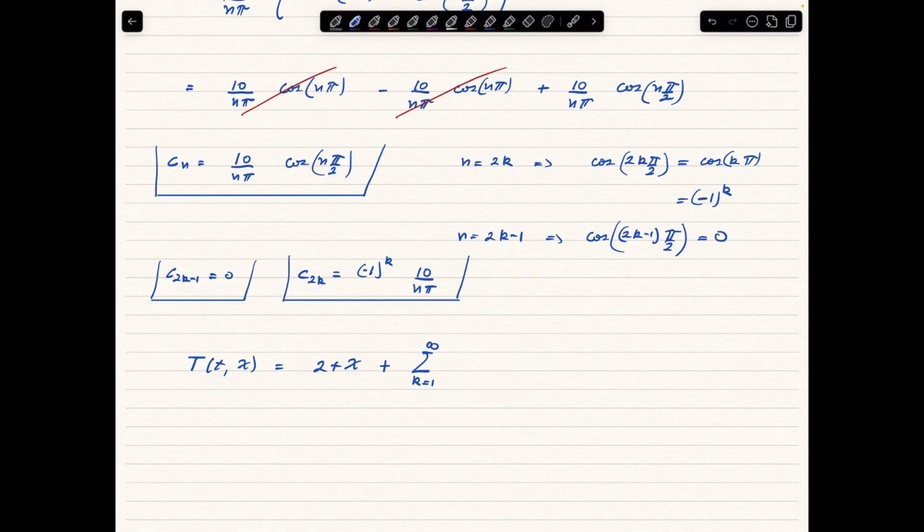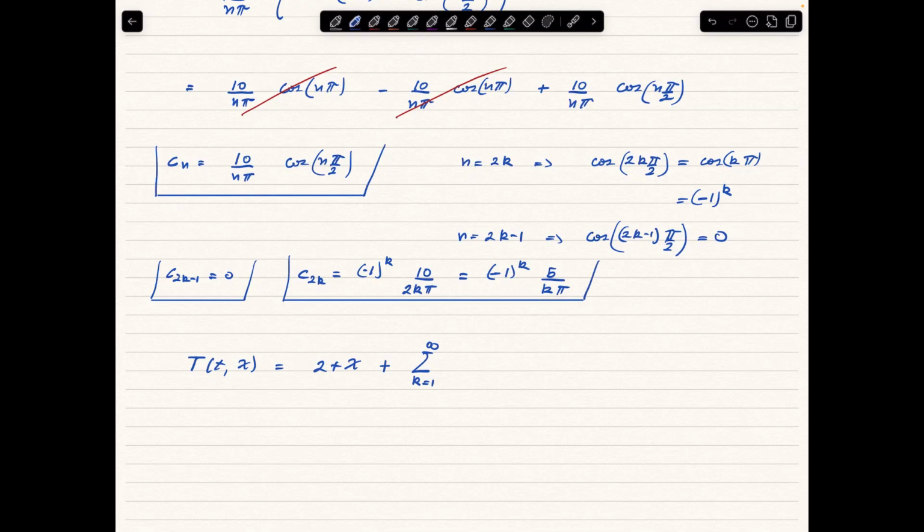They are going to be what? Oh, there is a little problem here. 2k, and then I should put here n equal to 2k. So let's write it down. This is actually, well, 2k. Oh, there is one simplification now, because this is -1 to the power k. The 2 with the 10 is going to make me a 5 over k pi. That is one little simplification.